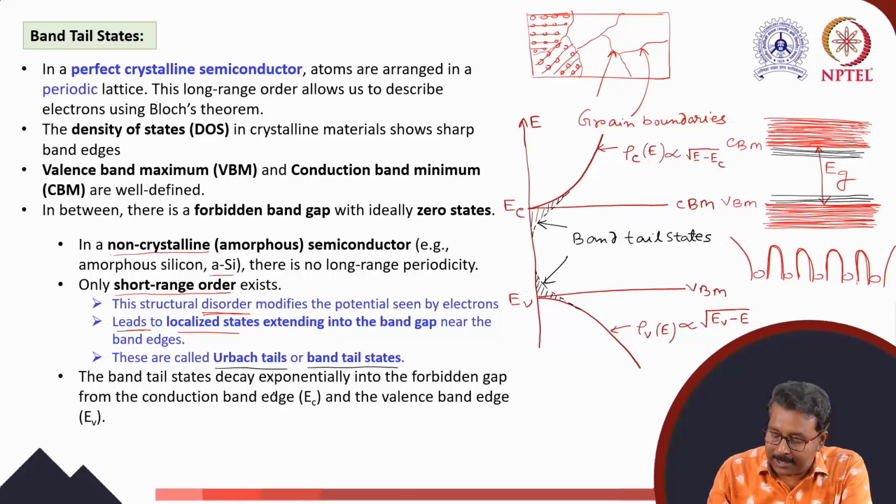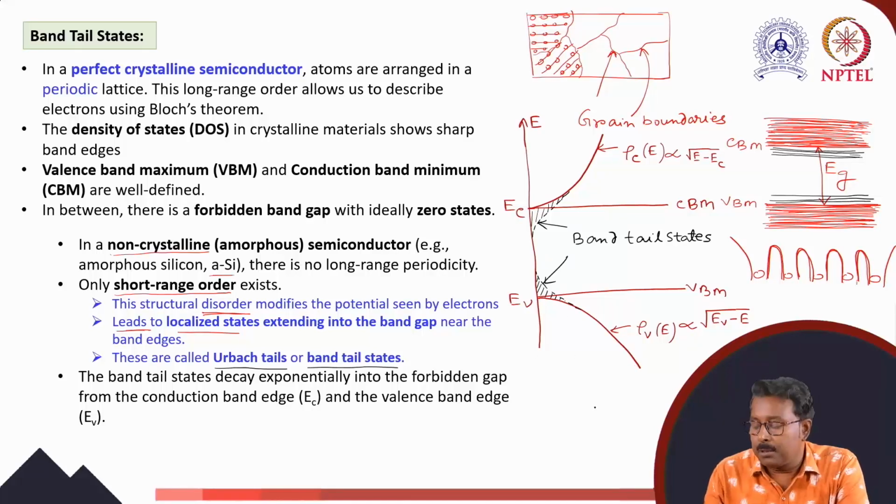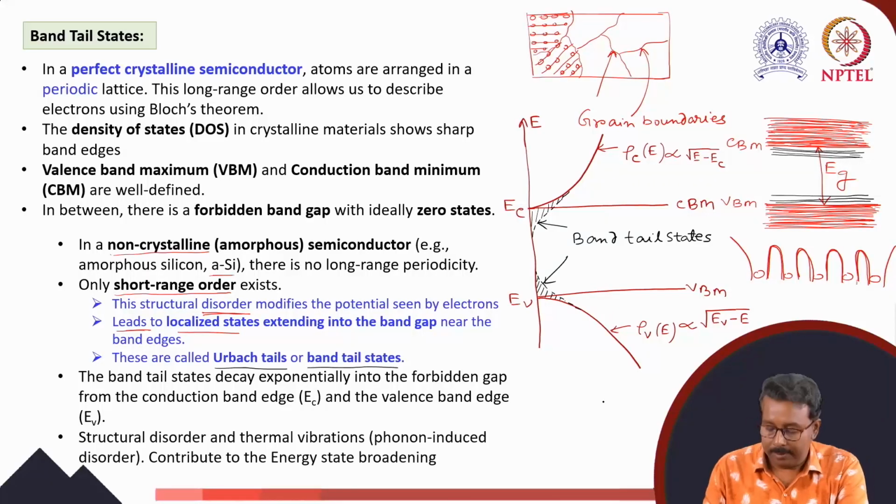The band tail states decay exponentially into the forbidden gap from the conduction band edge and the valence band edge, as I have already mentioned in the figure. This is drawn in different colors to distinguish it from the density of states of a perfectly crystalline semiconductor material.